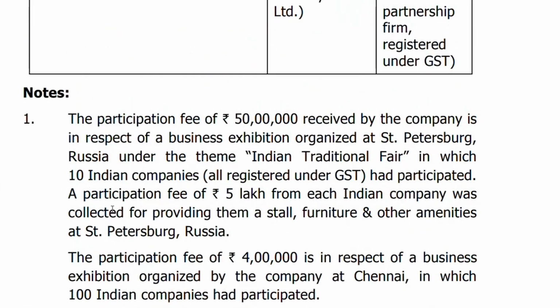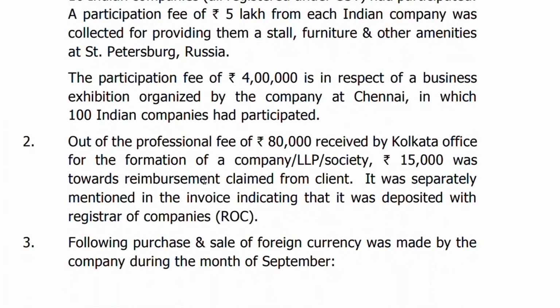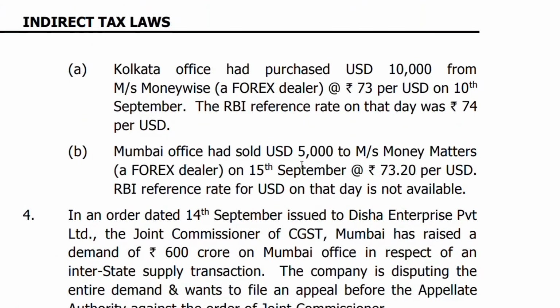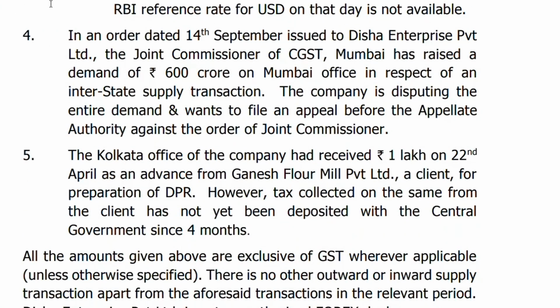Now, I think point one is already completed, point two is already completed, three is also done. Now come to four. That is, in an order dated 14 September issued to Disha Enterprise Private Limited, the Joint Commissioner of CGST, Mumbai, has raised a demand of 6 crore on the Mumbai office in respect of an interstate supply transaction.